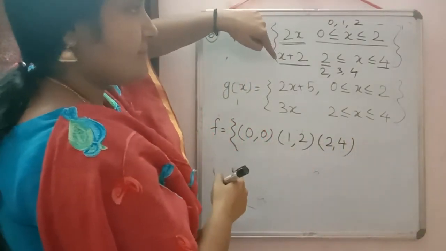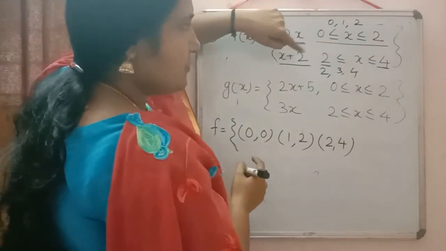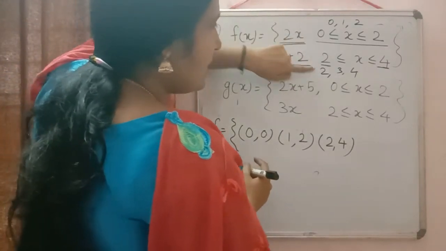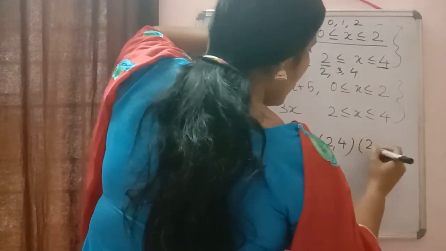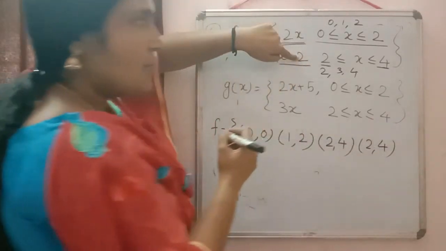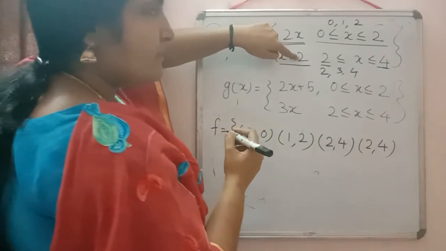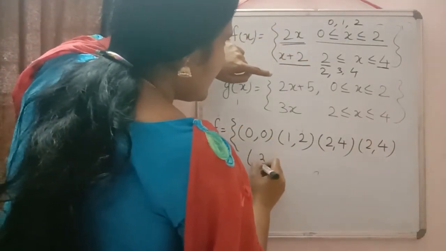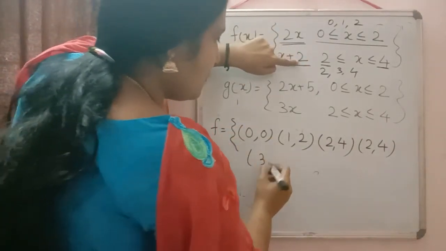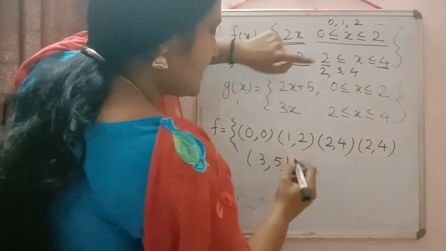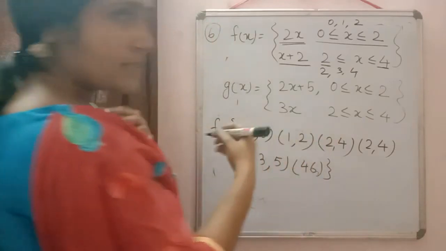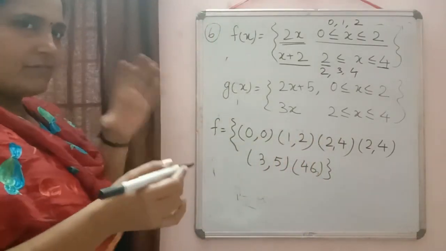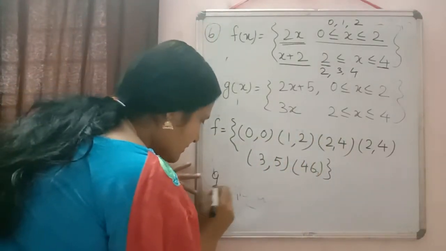Now we will check here x plus 2. When x is equal to 2, f of x is equal to 2 plus 2, 4. So again we are getting 2 is related to 4. When x is equal to 3, we get 3 plus 2, 5. When x is equal to 4, we get 4 comma 6. So first we can write down the elements and then we can check whether it is a function or not.